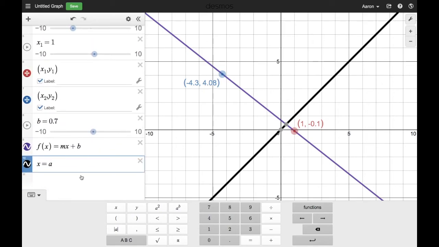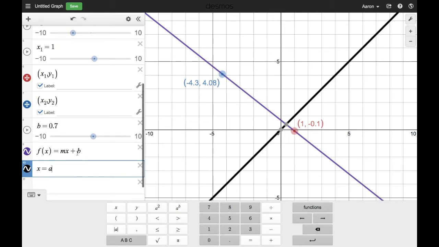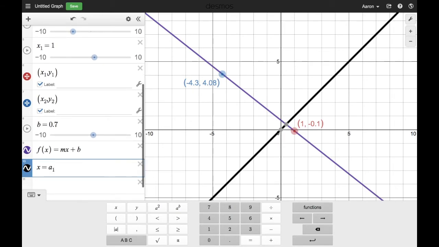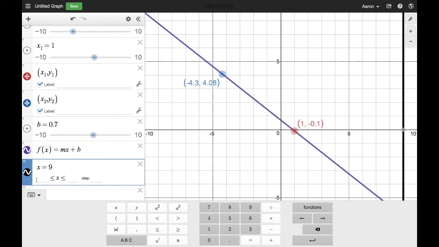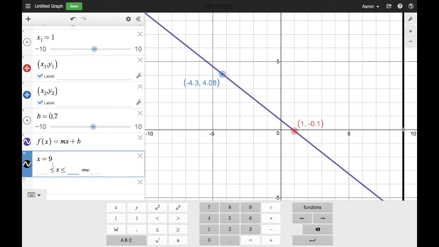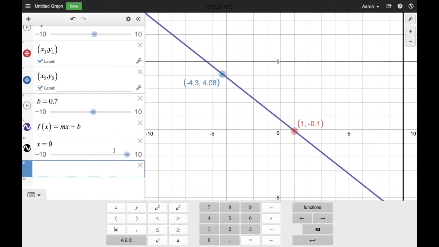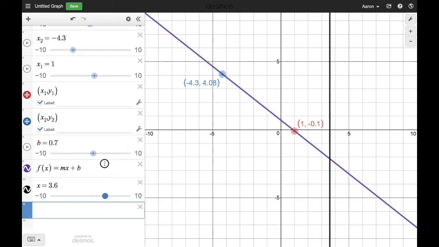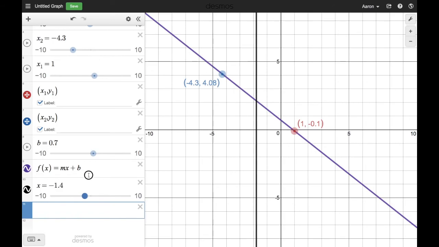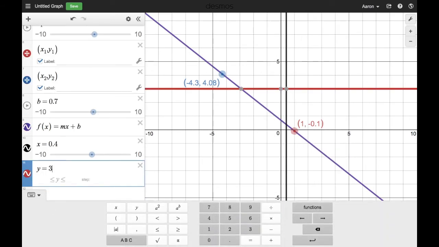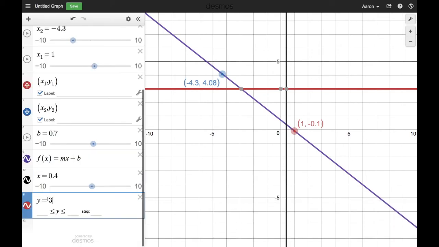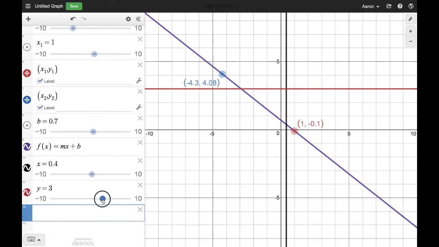No, how does it know what a is? x equals 9, and if you click out of it, then you can see it gives you a slider. x equals something is going to be a vertical line, and y equals 3. Click out of it, and you get another slider also.